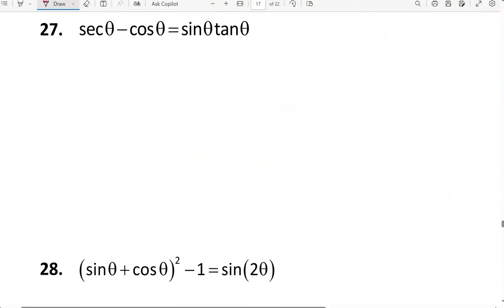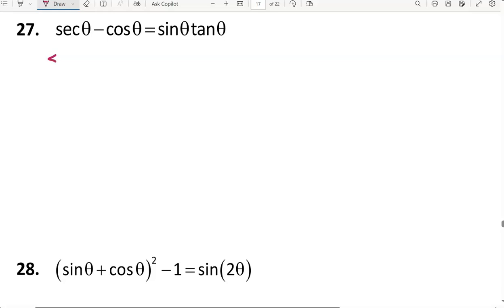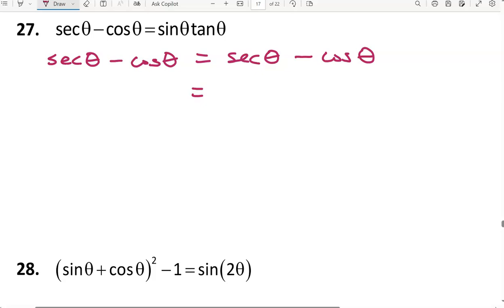In number 27, I'll start with the secant of theta minus the cosine of theta is equal to the secant of theta minus the cosine of theta. So, since I don't know what else to do, I'm going to change any functions that are not sines and cosines into sines and cosines. So secant of theta is 1 divided by the cosine of theta.